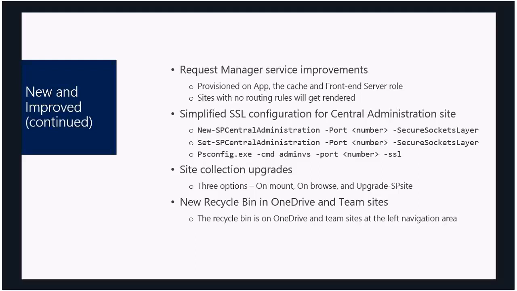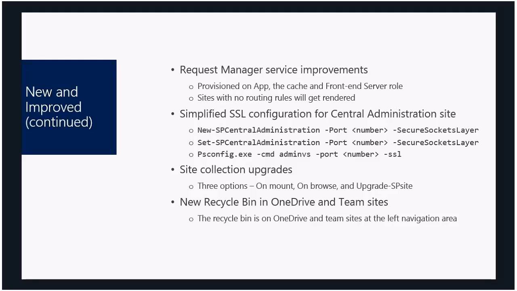We have three options for upgrading your site collections here. You can upgrade the site collection on mount on browser, or you can use the PowerShell, such as Upgrade-SPSite. This is quite important when you would like to upgrade your sites, such as from your SharePoint 2013 into SharePoint Server 2016.